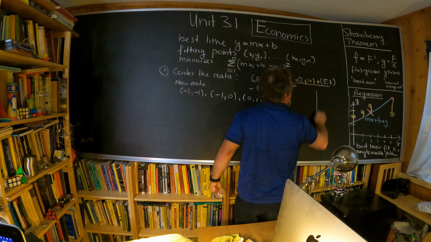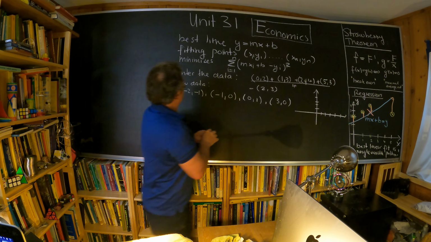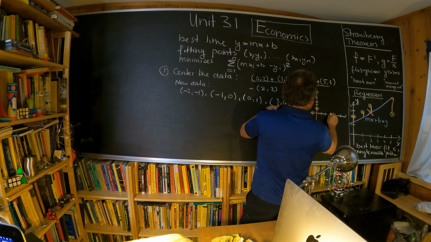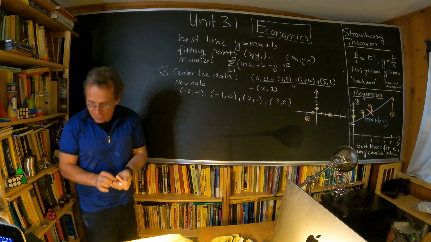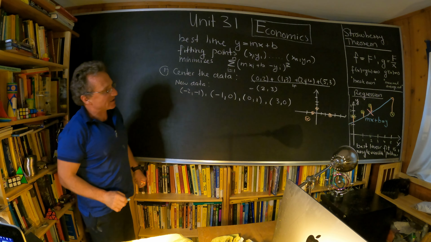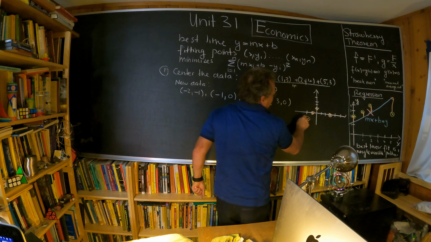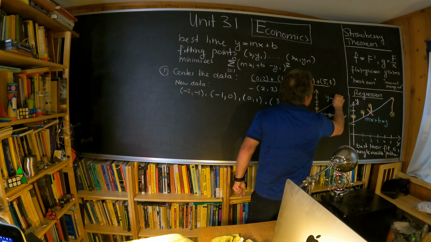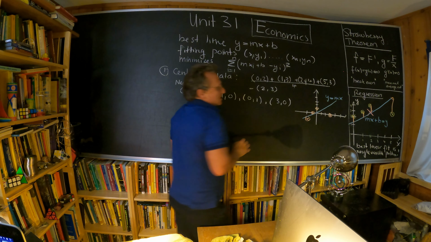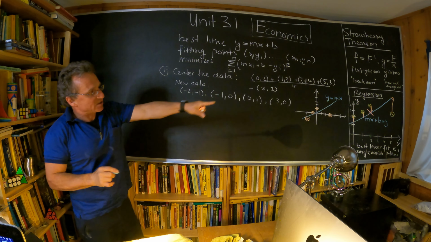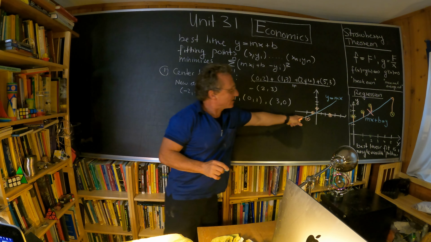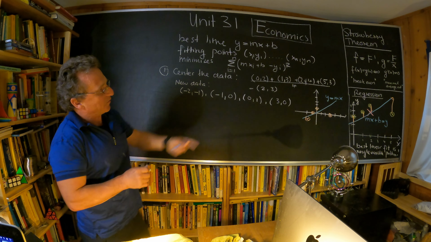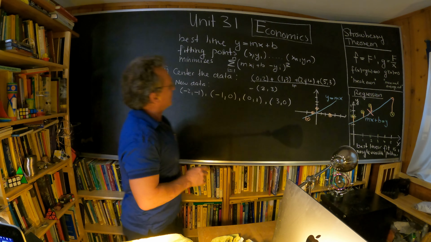Let me just draw this. So we have minus 2, minus 1 which is here, minus 1, 0 which is here, then we have 0, 1 which is here, then we have 3, 0 which is here. So we have just moved them, and now what we have to do is find the best line going through, the best line y is equal to mx. So what happened is that this shifting of the data to the center has now produced a problem which we can solve with single variable calculus.